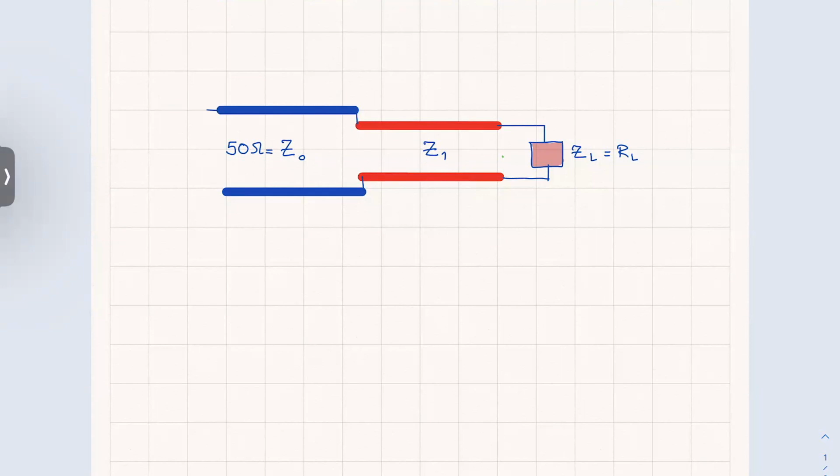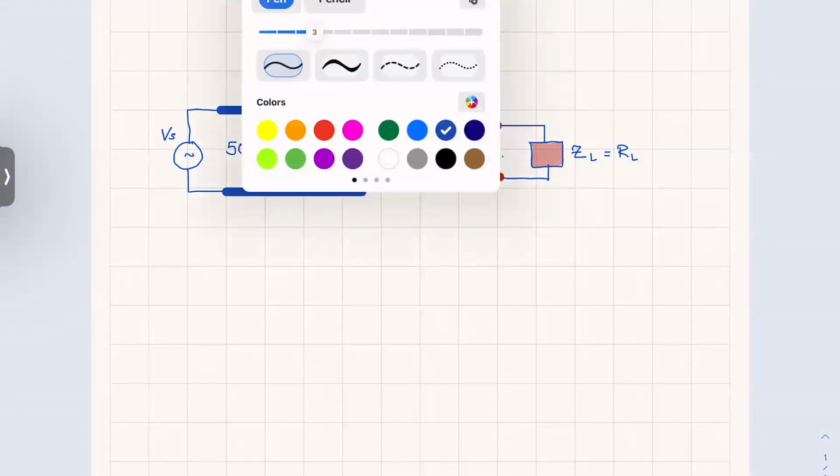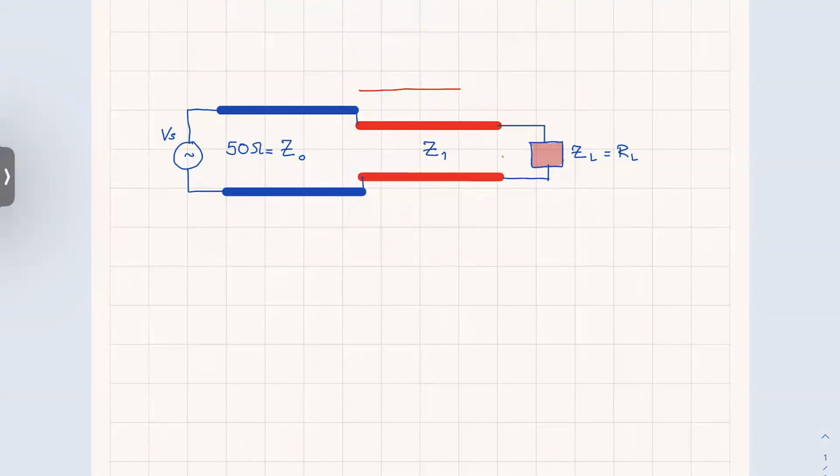And somewhere on the transmission line, you're gonna have a voltage source as we have done before. It's not necessary for me to put it here, but I will put it because this is a new concept for us and you may worry if I don't have it there. We know that the intermediate section of line has a length of a quarter of a wavelength.